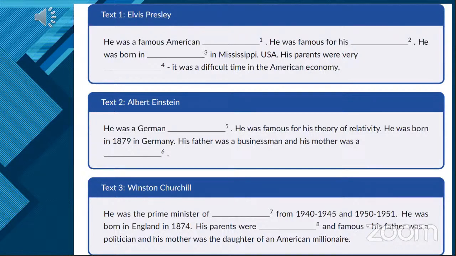He was born in England in 1874. His parents were rich and famous. His father was a politician and his mother was the daughter of an American millionaire.